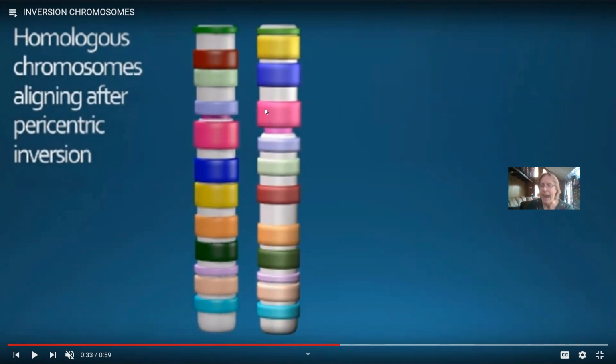But if there is an inversion, if there is a pericentric inversion, and a pericentric inversion would involve the centromere. So notice that here we've switched the genes on either side of the centromere, the pink here is above the centromere, here it's below. So the inversion affected the centromere.